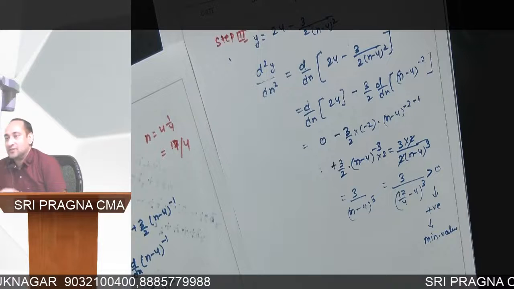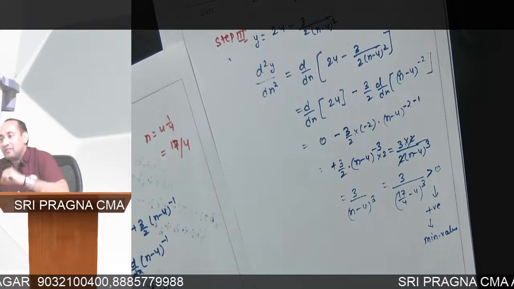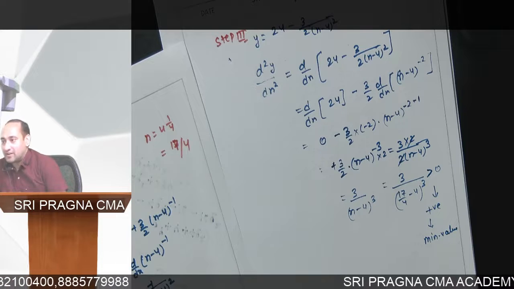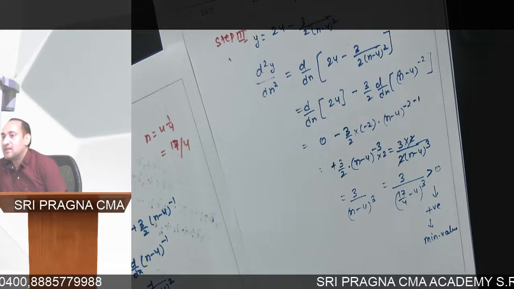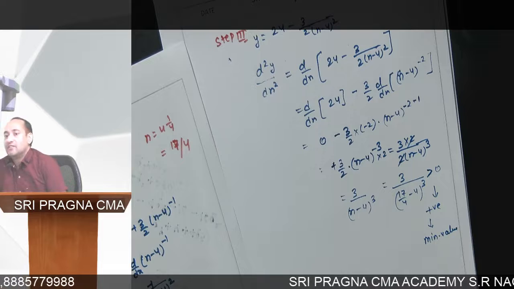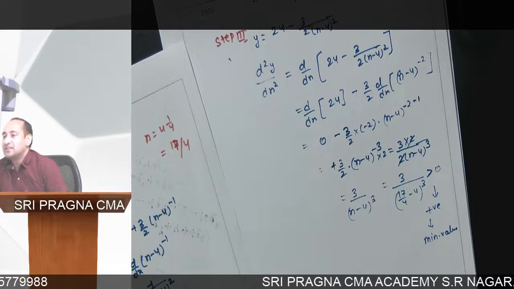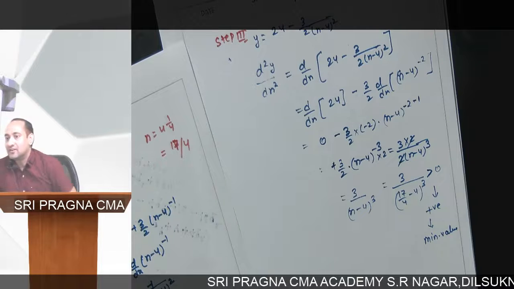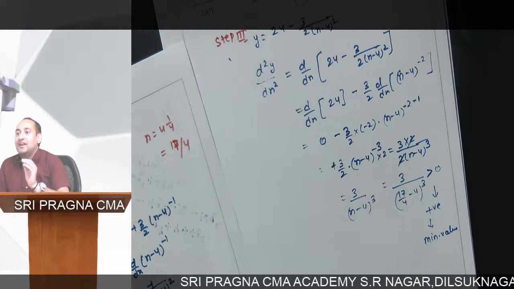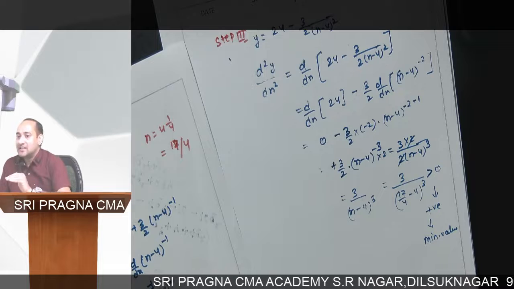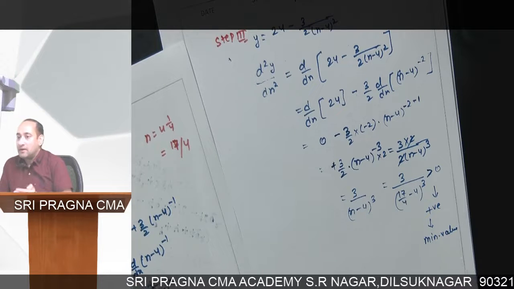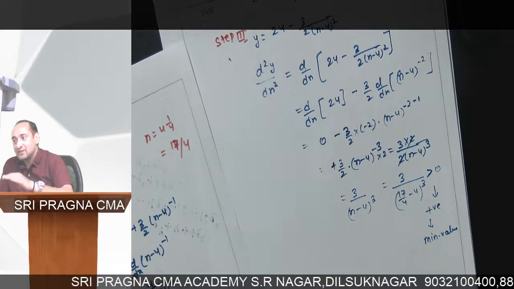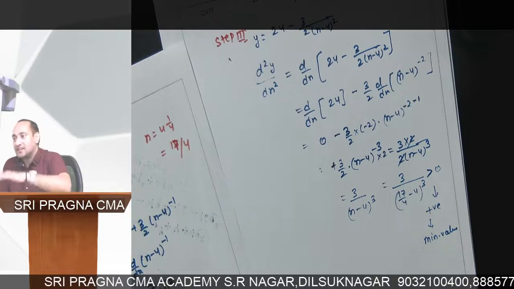Now coming to our economics part, because you're reading econometrics. This is a book topic from econometrics which talks about the demand and the supply concept. If you remember, your law of demand says that if the demand increases, the price decreases, and vice versa.